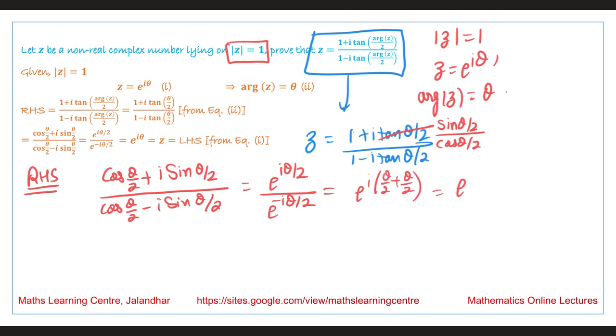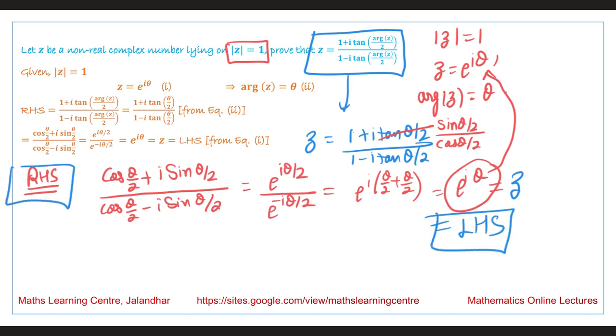So that is equal to e raised to the power iota theta. And what is e raised to the power iota theta? It is equal to z. This value is equal to z, and this is equal to LHS. So we have proved that RHS is equal to LHS.